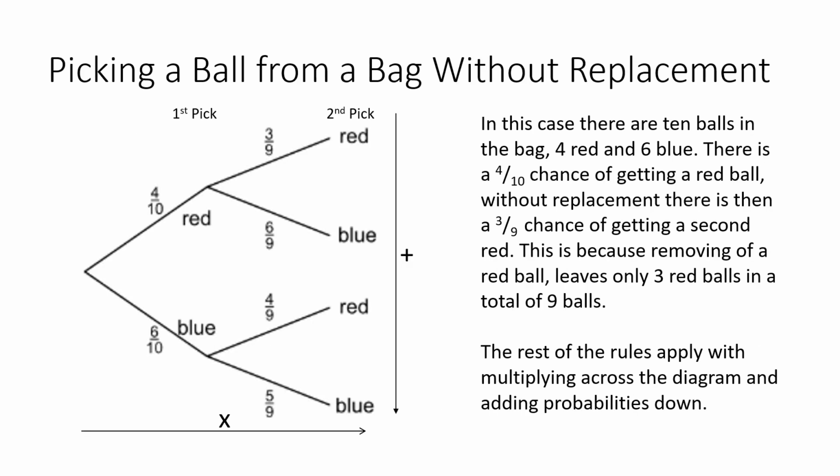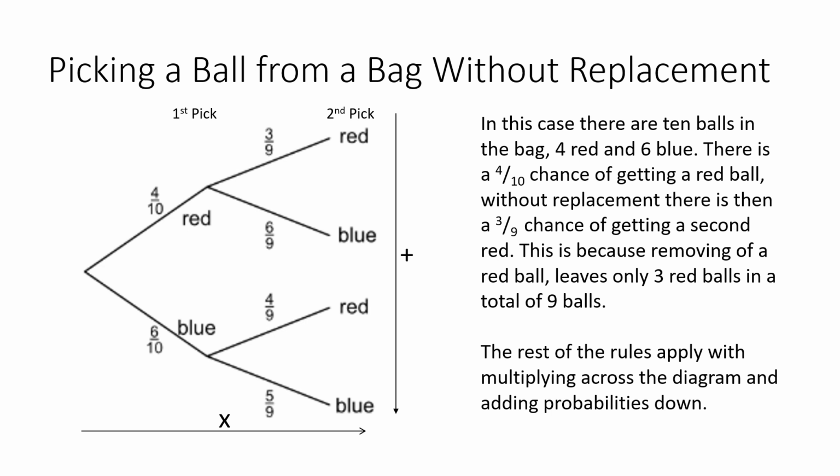So here's a good example. Here was again picking balls out of a bag, but this time we've got 10 balls. 4 of the balls are red and 6 of them are blue. So that gives me a 4 in 10 chance of getting a red ball. So if I take a red ball first, what's the chance of getting a red ball the second time? Well, this time, if I've removed the red, instead of having 4 red balls left, I've now only got 3 red balls. So 3 will be on the top.